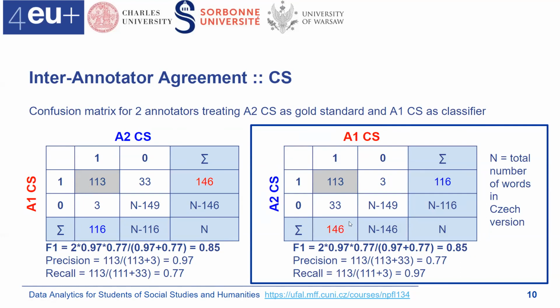Again, we can create a confusion matrix and compute the F1 measure. And the resulting F1 measure is identical to the previous case. Thus, it doesn't matter which annotator plays which role, because the F1 measure between them will be the same.